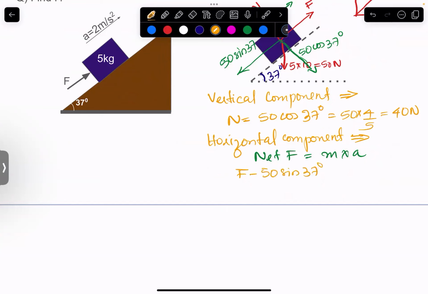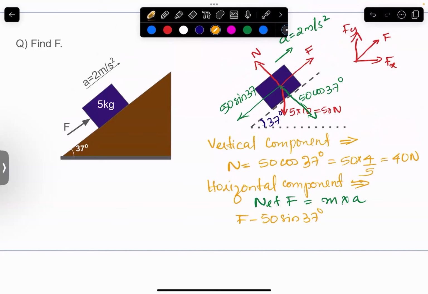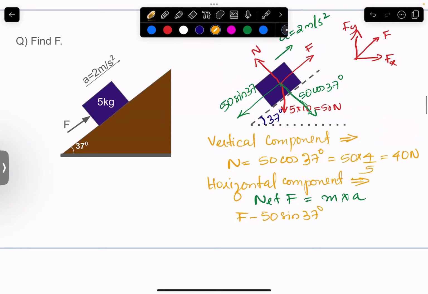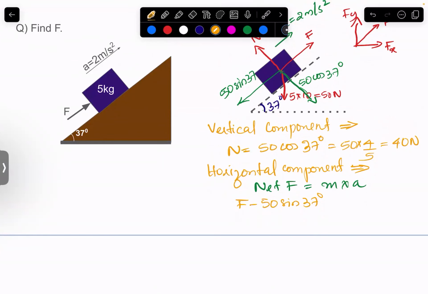Why have we subtracted 50 sin 37 from F? It's because this object is moving upwards, along the direction of the external force F. That means F is larger than 50 sin 37, the weight component along the inclined plane. That's why we write it like this.